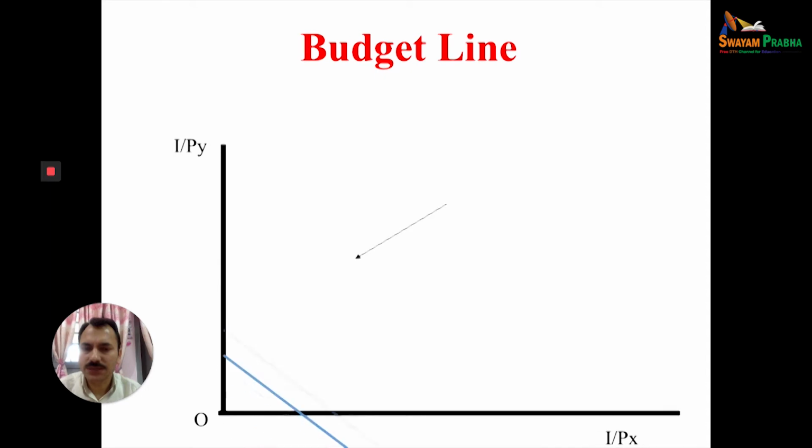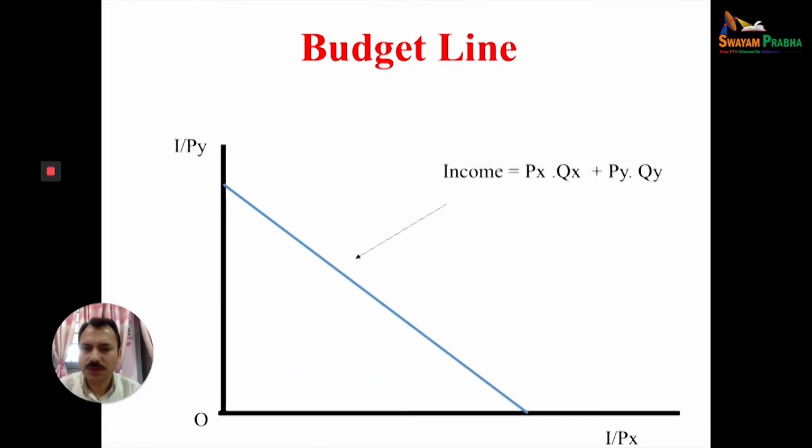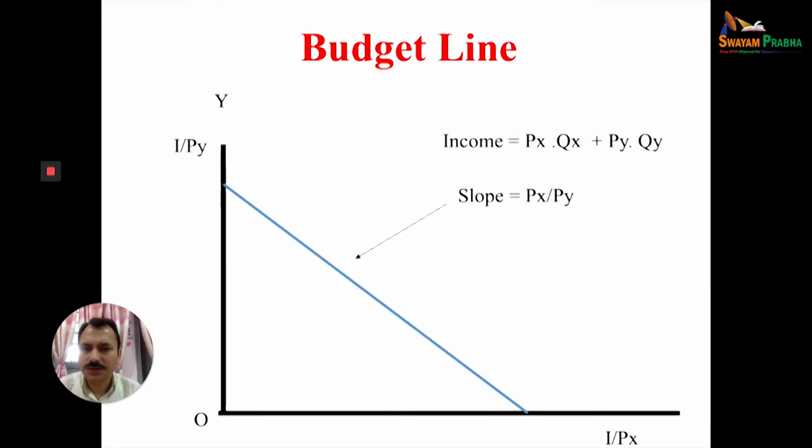We can see the budget line with the help of this diagram. On the x-axis we have x commodity, on the y-axis we have y commodity, and this line, for example the AB line, this blue line, shows the budget line or price line, income line.